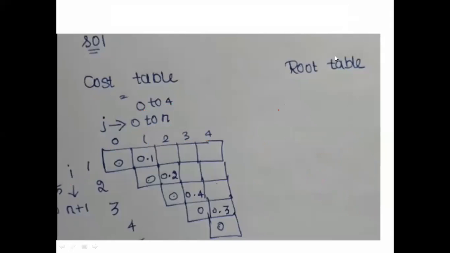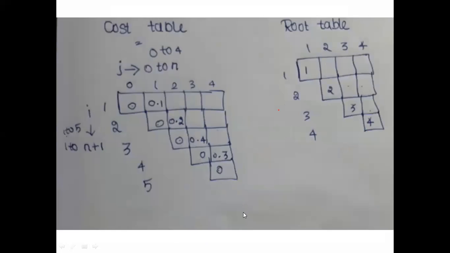Next, how to construct the root table. So how many elements are there in total? 4 elements. So for 4 elements, we have to draw the diagrams, that is 1, 2, 3, 4.